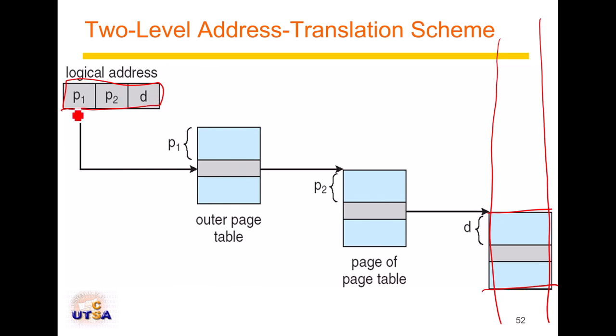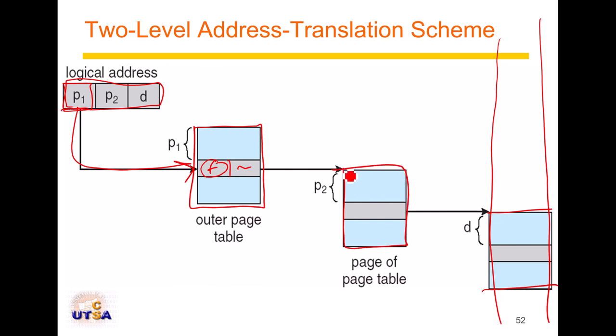Then we are going to use the P1 bits as an index to that outer first level page table. And the content of that page table, remember, is going to have F and some control bits. By using these F bits, we will know which frame is holding our second level page table.